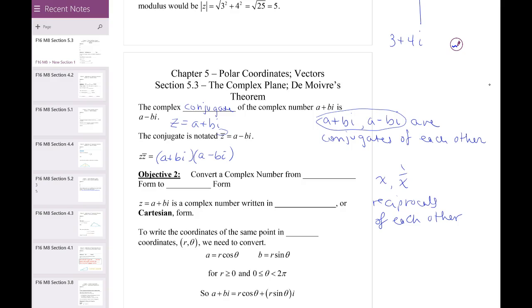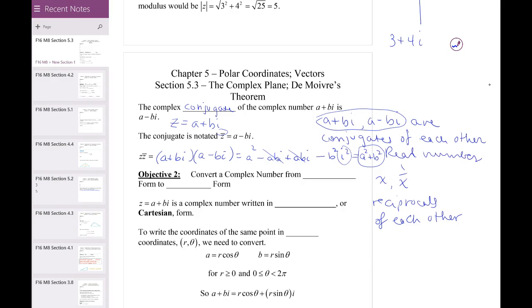And if you forget how to do this, make sure to go to that appendix and refresh your memory, because we're going to get a squared minus abi plus abi minus b squared i squared. Well, abi and negative abi cancel each other out. i squared is the same thing as -1, so you get a squared plus b squared, which is a real number.